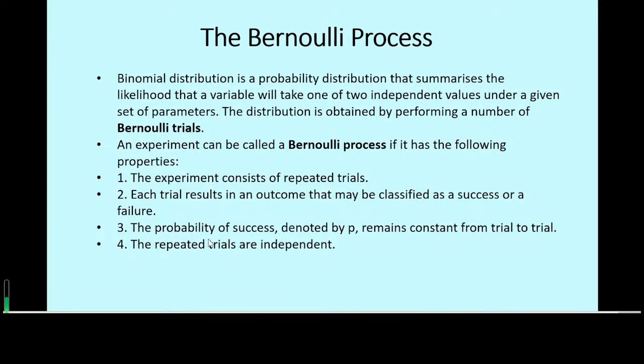And the probability of success, denoted by p, remains constant from trial to trial. And the repeated trials are independent, which means each trial has no effect on the result of other trials in the total n trials.